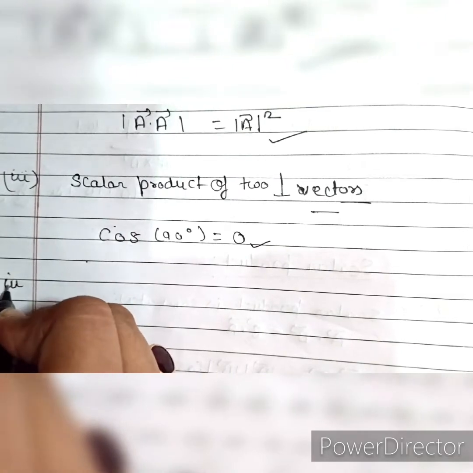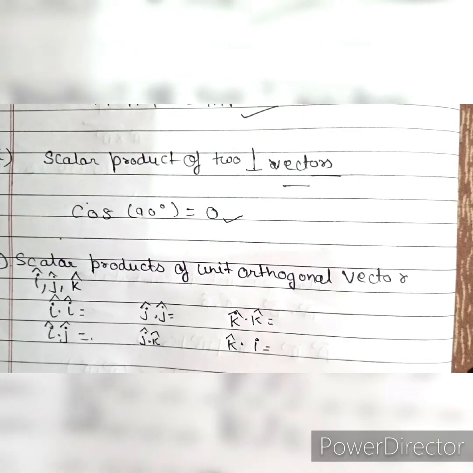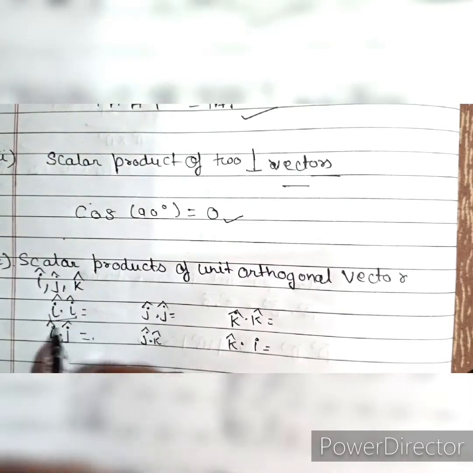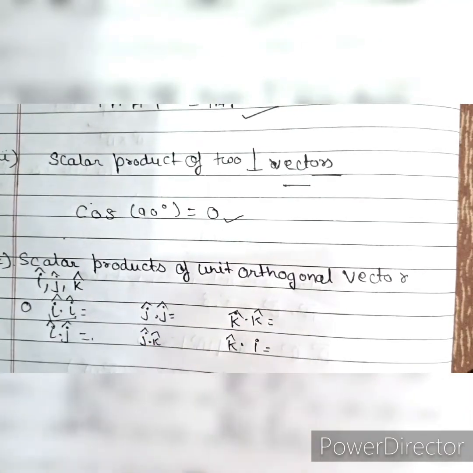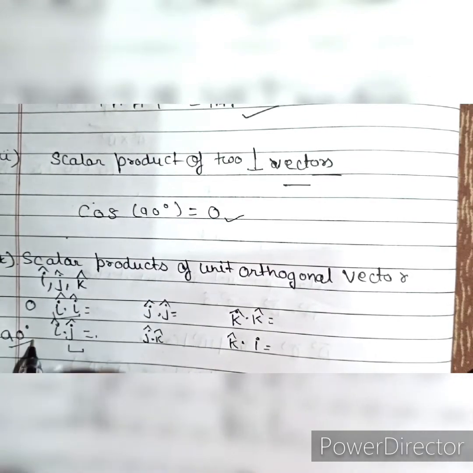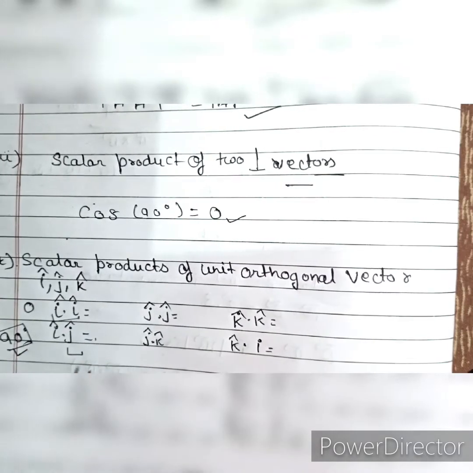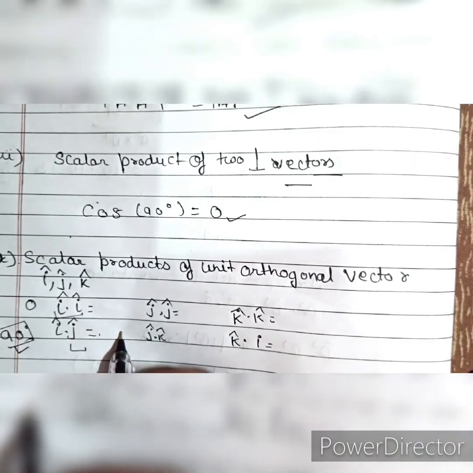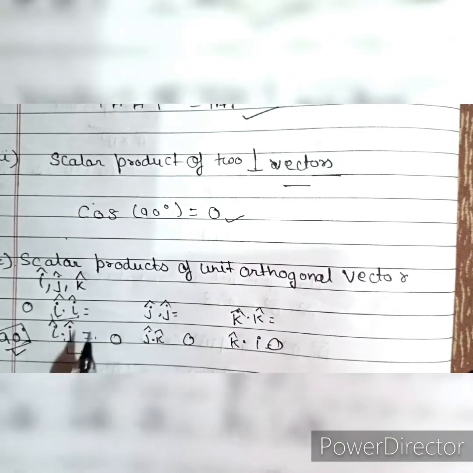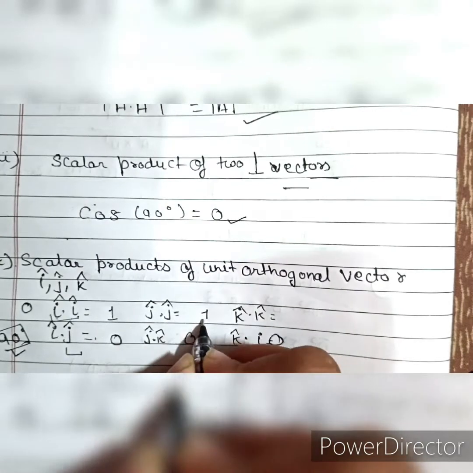Now the fourth property is the scalar product of unit orthogonal vectors i, j, k. For i dot i, the angle between them is 0, and for i dot j, the angle between them is 90 degrees. If the angle between two vectors is 90 degrees, the answer will be 0, and if the angle between similar vectors is 0, the answer will be 1.